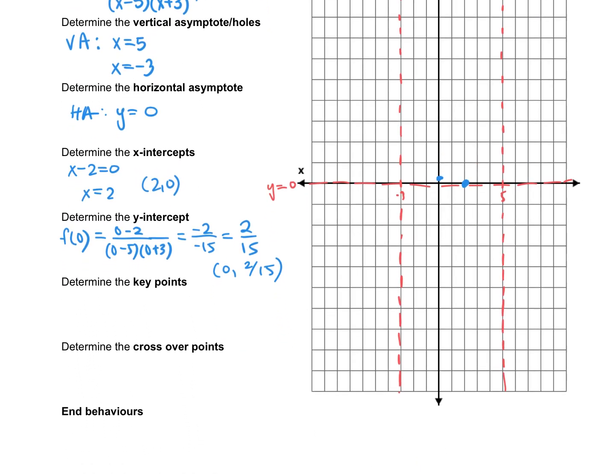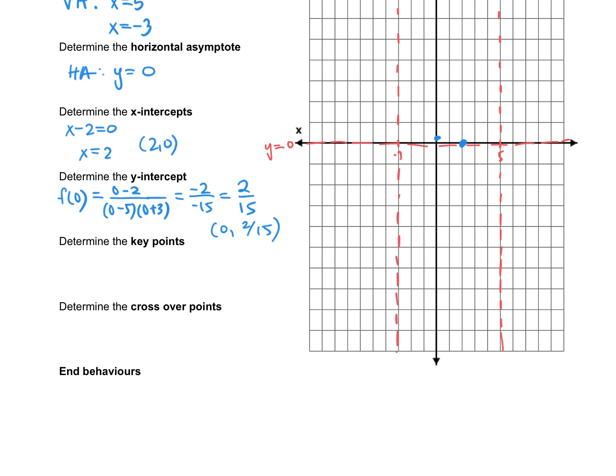Next, we want to determine our key points. Your key points are going to be to the right and left of your vertical asymptote. So one of our asymptotes is at 5. So I would like to figure out what f(6) is for the right and f(4) for the left of that asymptote. And I'm just going into my equation and replacing x with 6 for this first one.